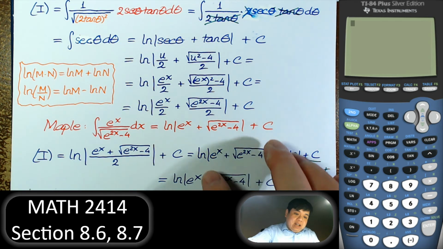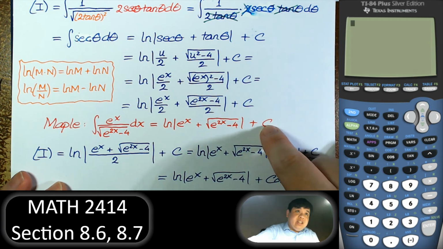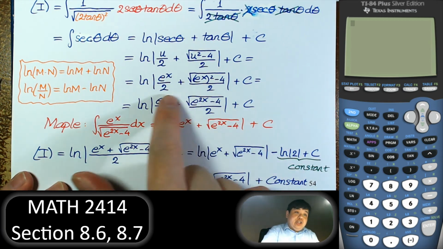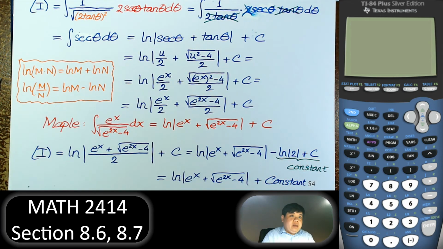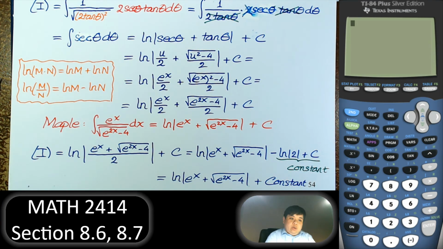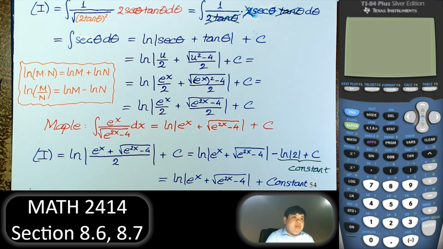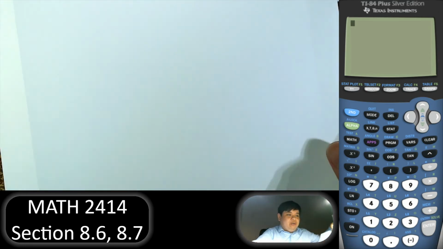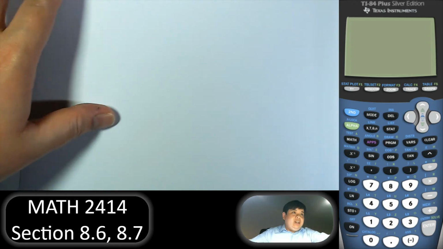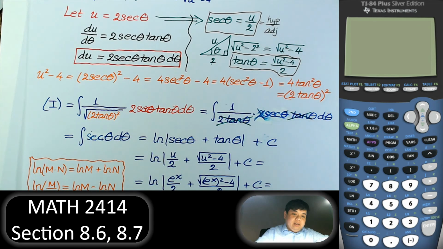So when we write the answer like this, c is different than that c, but in general those two are only different by a constant, so perfectly fine. So as you see, the calculator even knows how to simplify the problem. So this is how far we can go. Right, so that's what we have on that one.